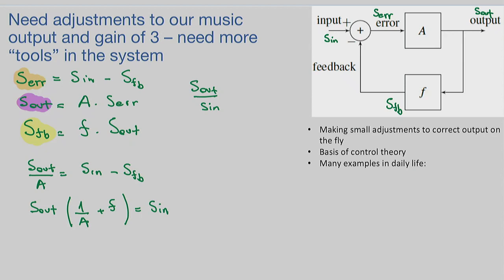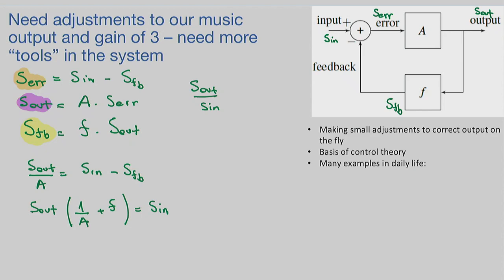So I started off with this purple equation, signal out, isolated signal out over A, took the values that we found for signal error, substituted here, and now took the values that we found for signal feedback, substituted here.